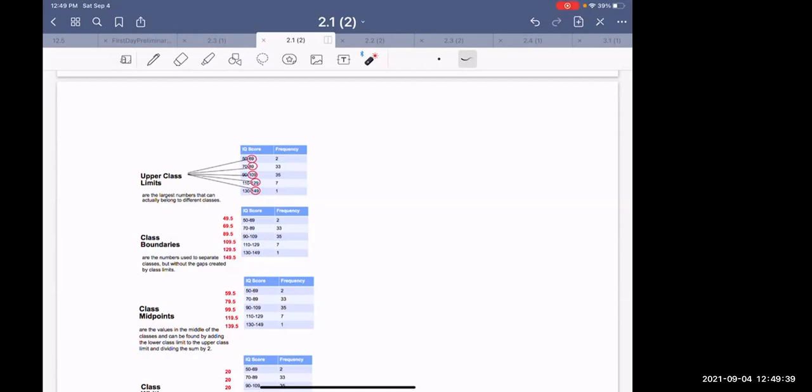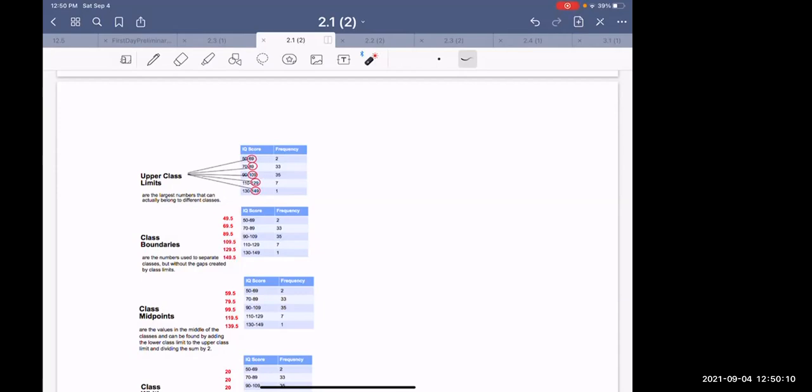Class boundaries. Well, let's do this. 69 plus 70 divided by 2, 69.5. 90 plus 89, 179 divided by 2, 89.5, etc. Let's do the class midpoints.